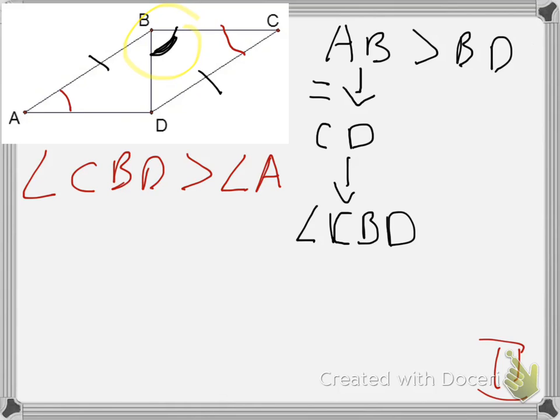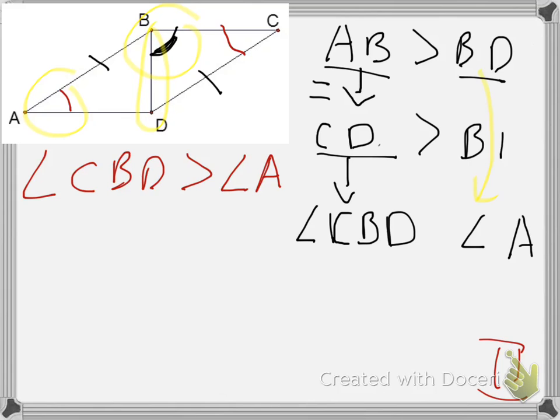And we know then angle A was affected. Angle A is affected by B to D. So we can put this all the way down here. And we already know that since this is bigger than BD, we know that's true. And that is true.